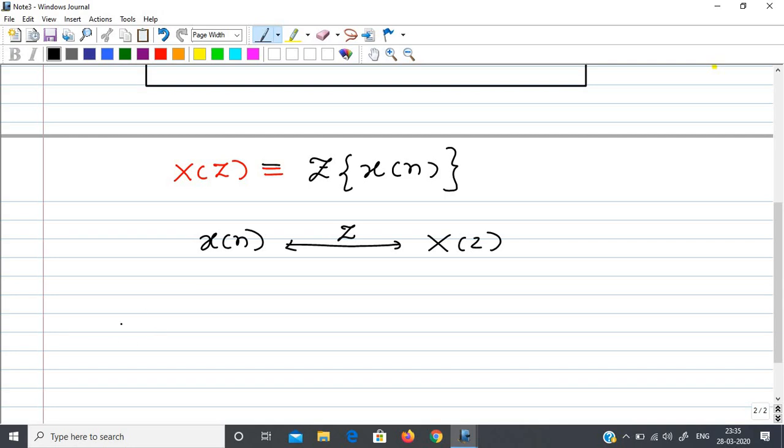It is important to note that X of z is a power series, a Laurent power series in the variable z.